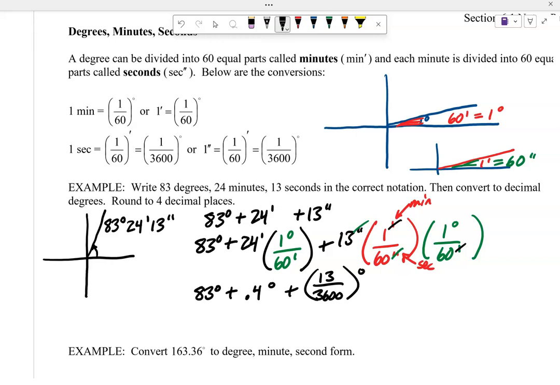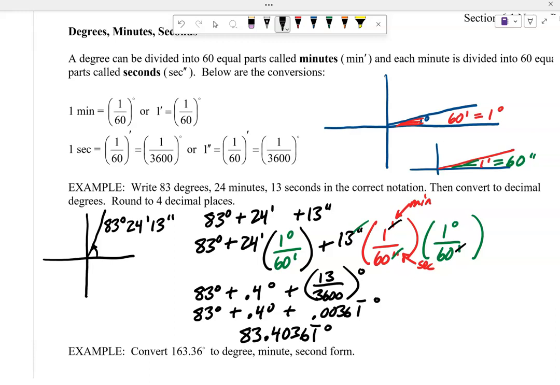0.0036111. So I have 83 degrees plus 0.4 degrees plus 0.00361 repeated degrees. So I have 83 plus that 0.4 plus that 0.0036111, and so I get 83.40361 repeated degrees.